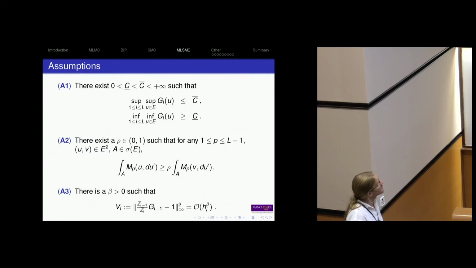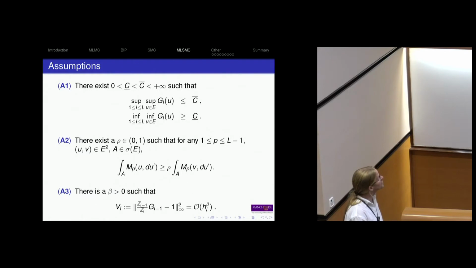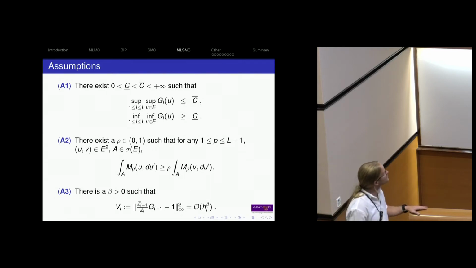So we'll have some uniform bounds, both above and below, for the G_L's of U, over L and over U. And we have some very strong mixing condition on the MCMC kernels. Typically we expect that these are going to be a bit stronger than one will need in practice, but it's sufficient.